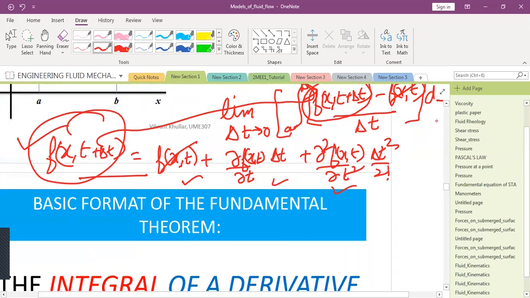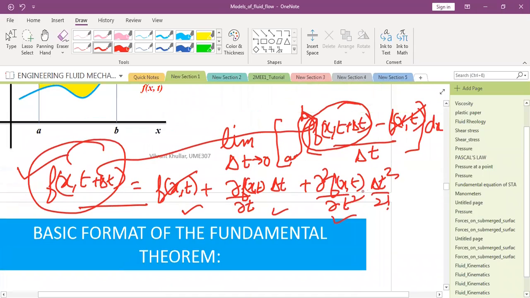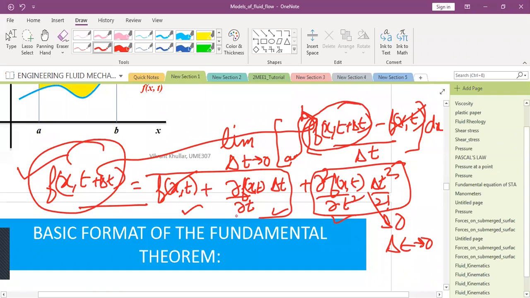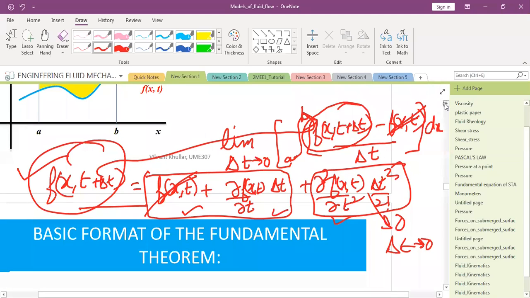Yes, sir. So you know that the small term can be neglected, this term can be neglected as delta t goes to 0. And you are left with only these two terms, out of which this term will get cancelled with this. And then what are you finally left with?